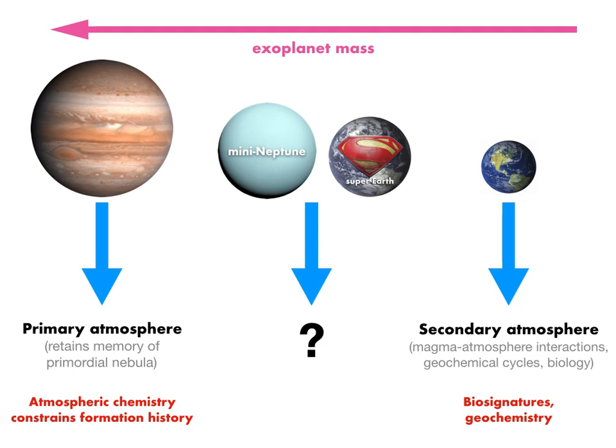Instead, the chemical composition of these secondary atmospheres is determined more by processes like geochemical cycles, magma-atmosphere interactions, and in the case of Earth, biology. For example, the Earth is about 78% nitrogen, about 20% oxygen, and with water and carbon dioxide as trace gases. And the atmosphere of the Earth chemically certainly looks nothing like the sun.